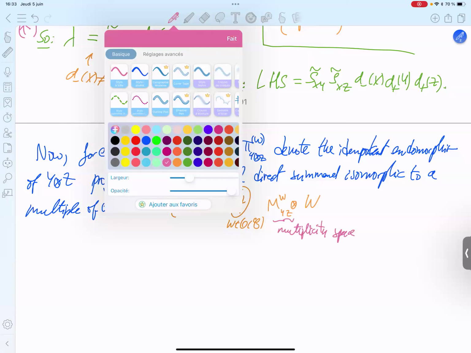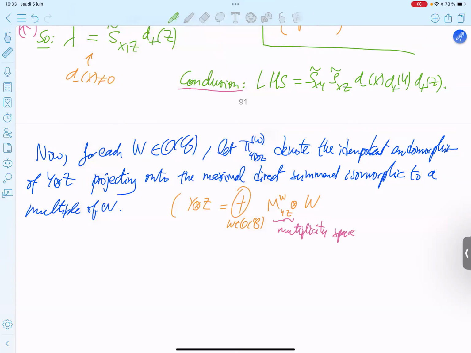And the projection we are considering, pi, so this is an isomorphism.